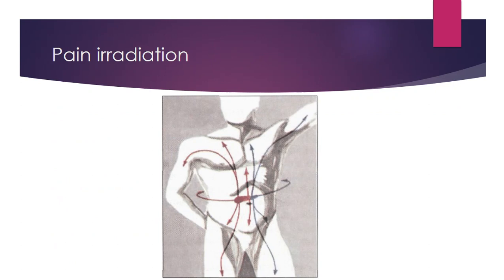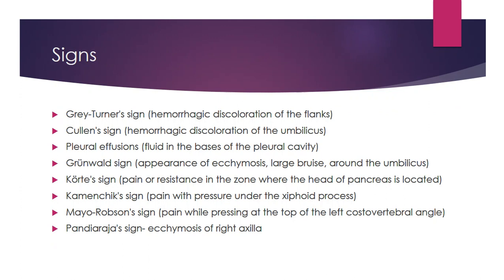Bowel sounds are often diminished or absent because of gastric and transverse colonic ileus. Guarding tends to be more pronounced in the upper abdomen. A minority of patients experience jaundice, just a little bit more than 28%.